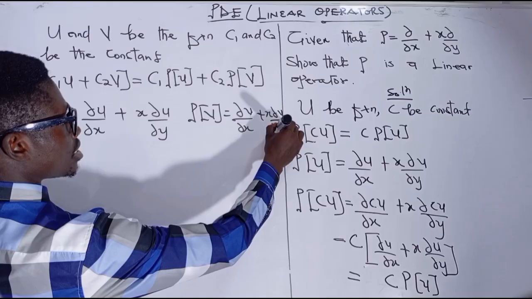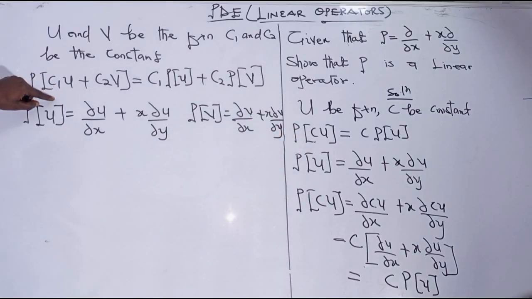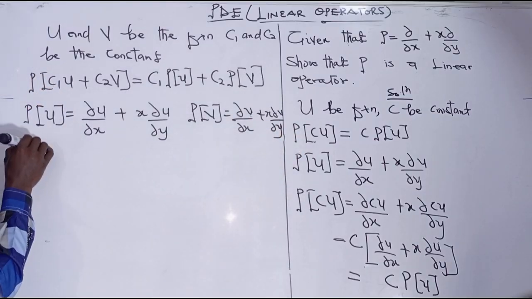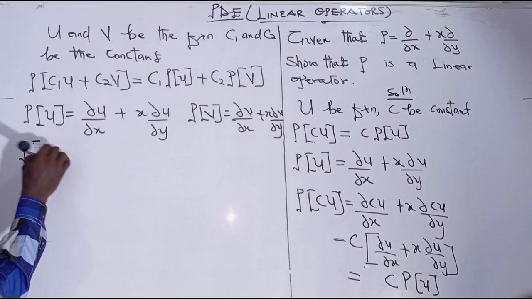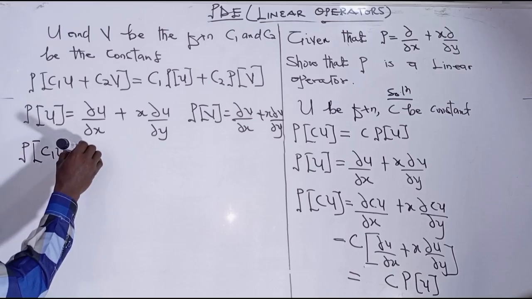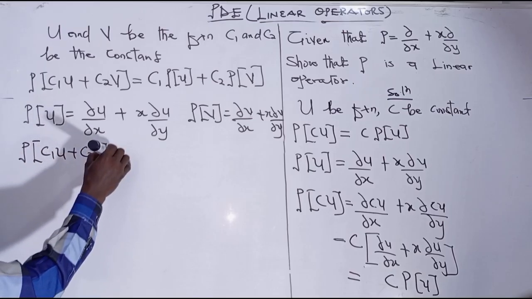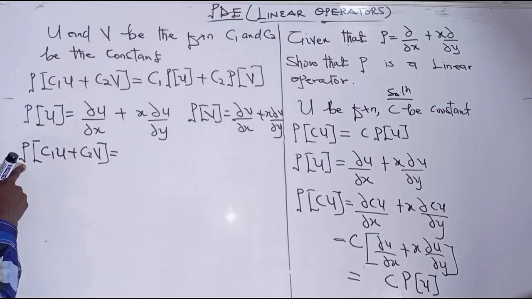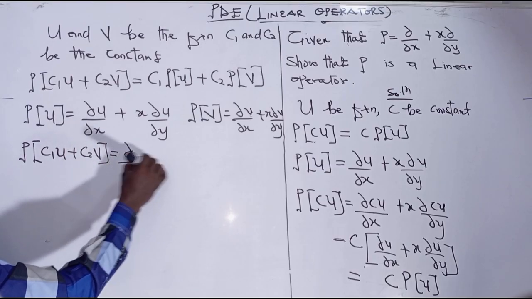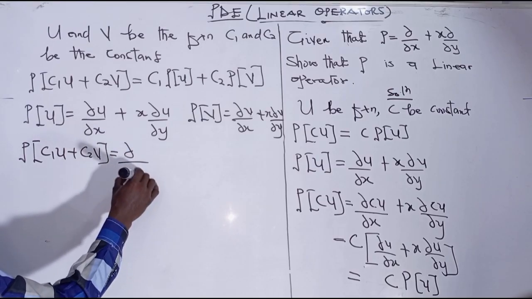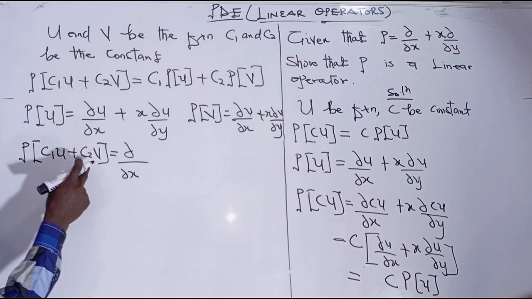del v del y. Then we start with the left hand side. So we have P operating on C1U plus C2V. P in the operators, we are just going to write it del x operating on C1U plus C2V.